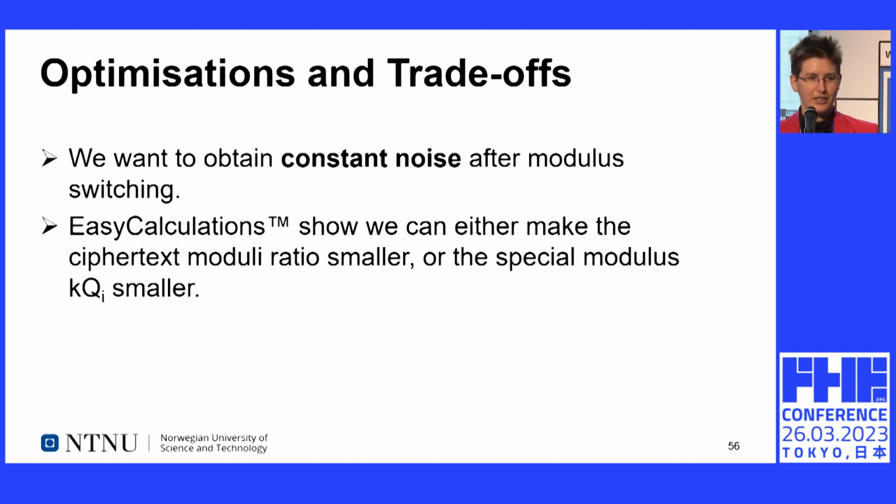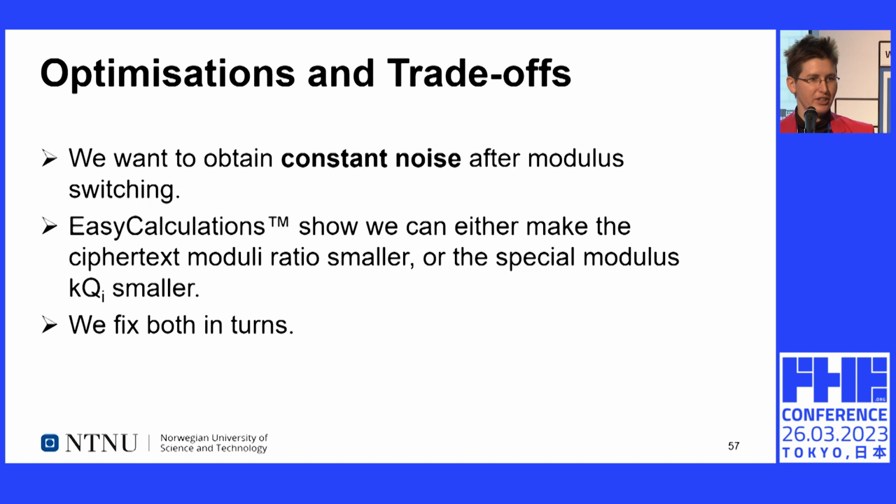Shuffling quite a lot of things around and doing a lot of arithmetic shows us that we can keep constant noise if we either make the ciphertext moduli ratio smaller, that is the distance between the ciphertext moduli in the moduli chain, or if we make the special modulus that is being used in key switching smaller.